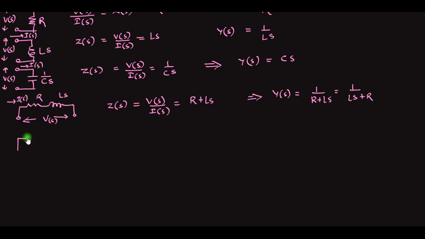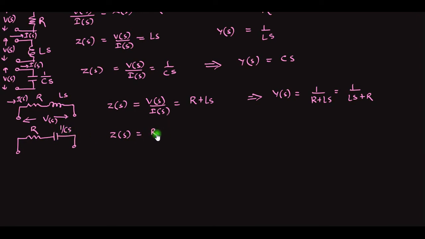Similarly, let us find the driving point impedance and admittance for an RC circuit. If it is R and C, then the impedance of the capacitor would be 1 by Cs. Then Zs would be equal to the impedance offered by the resistance plus the impedance offered by the capacitance.